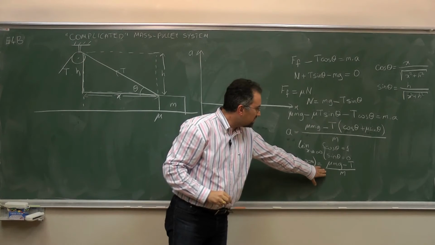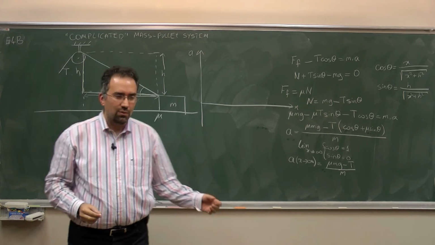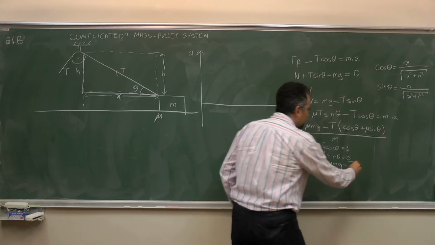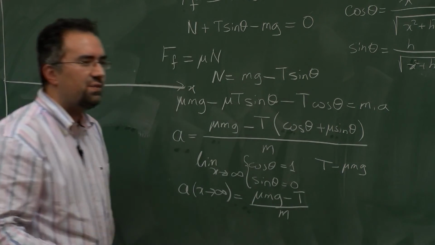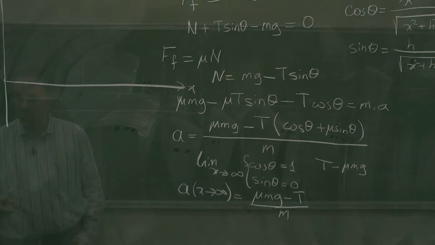Now, the question is, this is supposed to be negative, is it? Well, consider T minus mu mg. If this wasn't positive, the mass wouldn't be sliding.